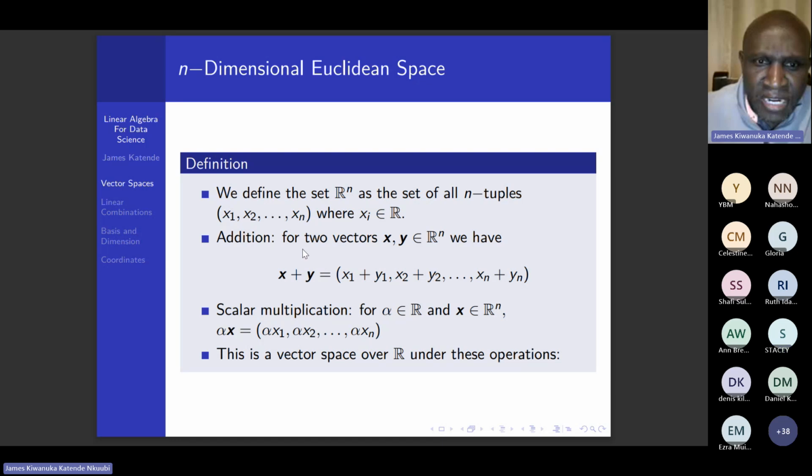If you have done statistics, you must have covered things that look like this, or at least close to this. The notation should not be confusing for you. So this is a definition. We have n entries, and if you have n entries, we talk of Rn.